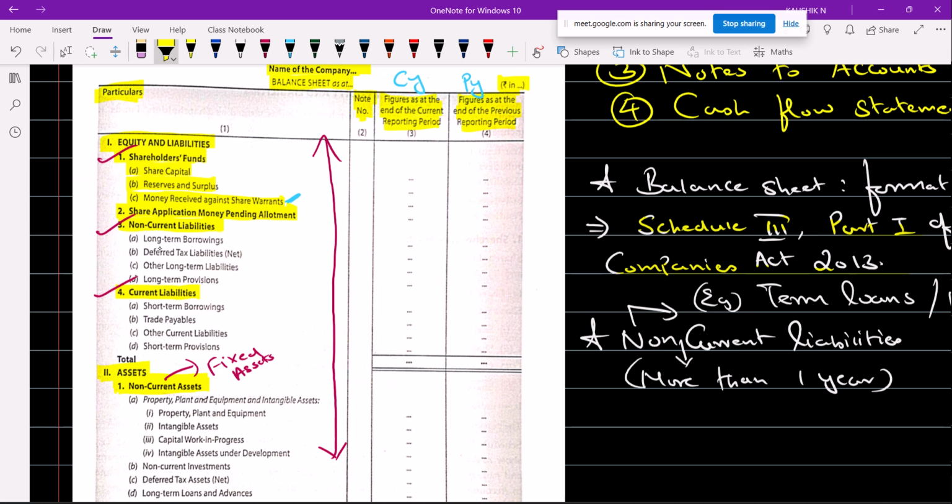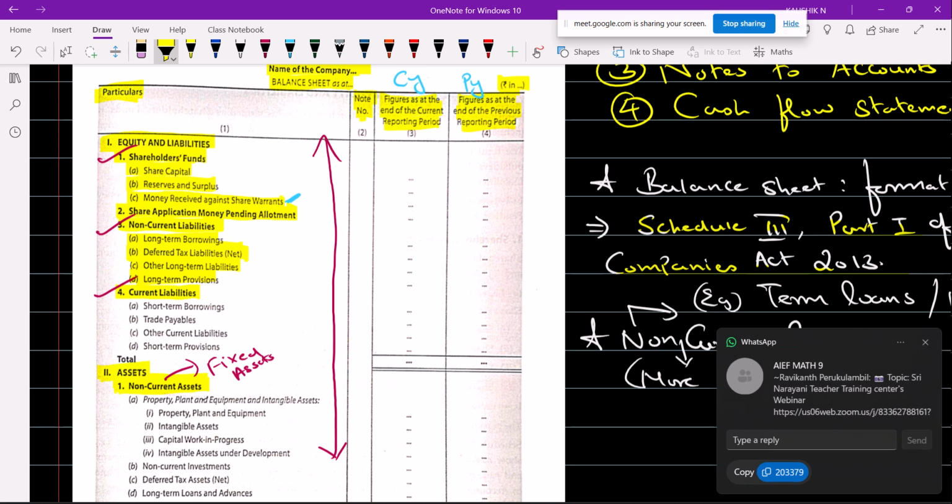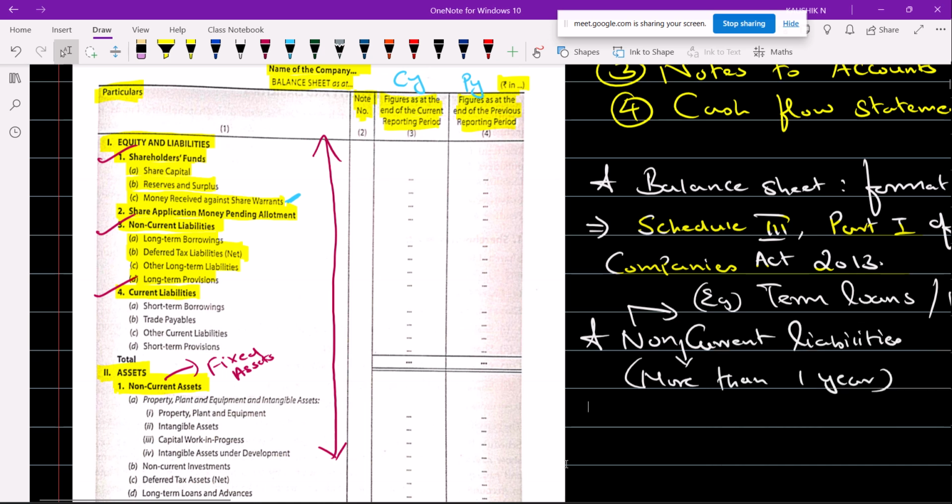So now comes the next item. Under this non-current liability, you can see the subheads are long-term borrowings, then deferred tax liabilities net, other long-term liabilities, and long-term provisions.